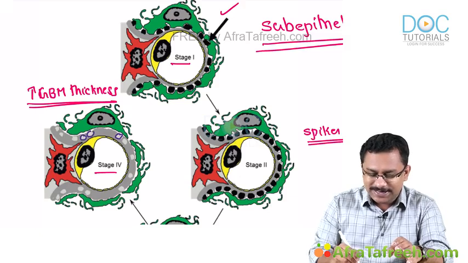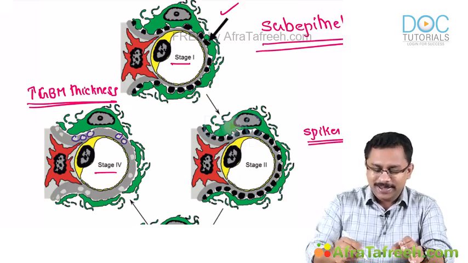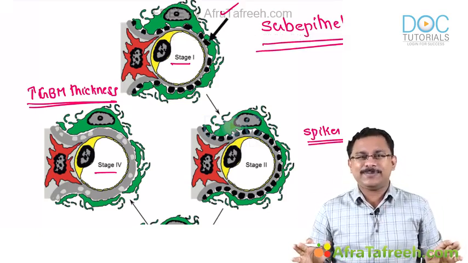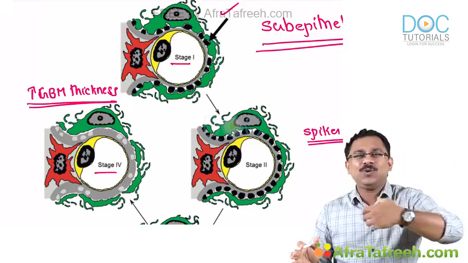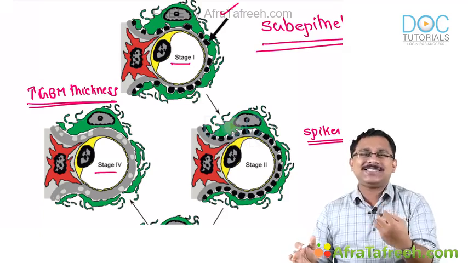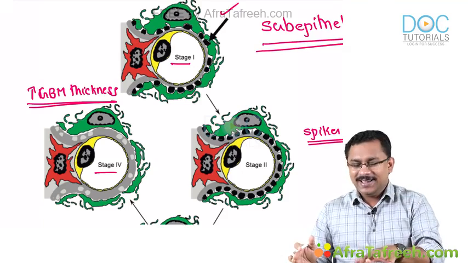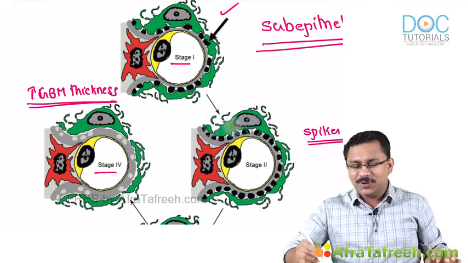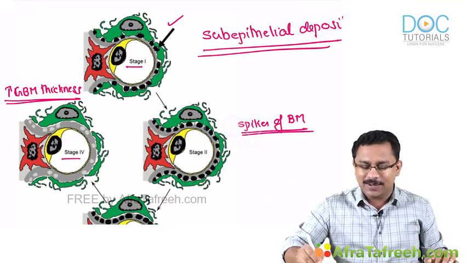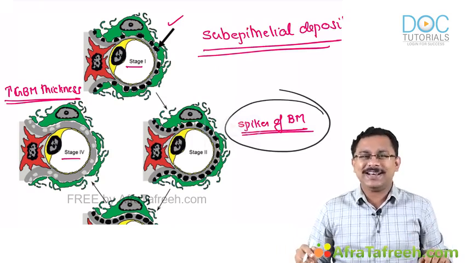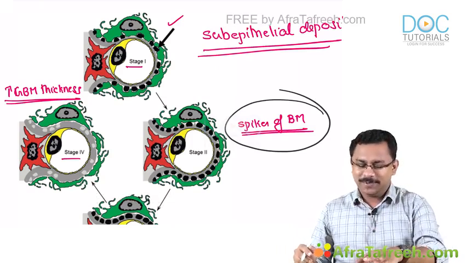So that is how the pathology progresses in membranous nephropathy. Sometimes you might get this as a question: the spikes of the basement membrane are seen in which condition? Membranous nephropathy. Okay, so we have understood that.